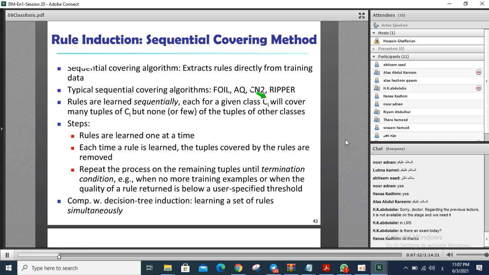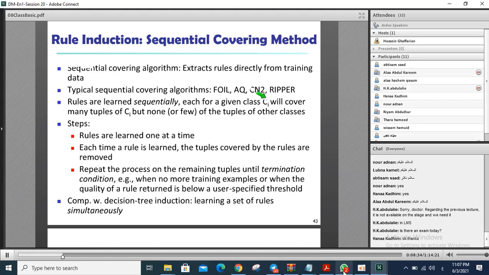After finishing the learning process, I can remove them from my list. I'm removing all the tuples belonging to class C3 after the learning, and then learn, for example, about class 4. It's a repeating process.